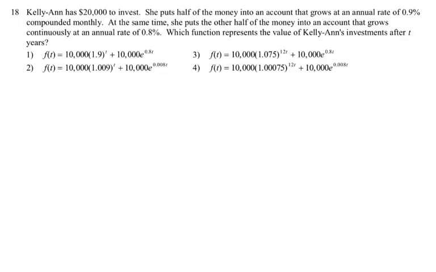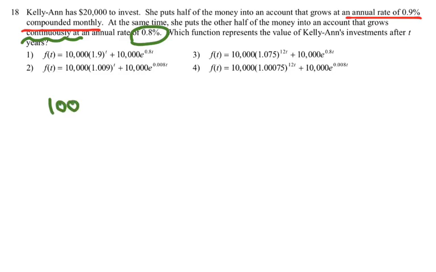Alright, let's look at number 18 here. It says she put half of her money, which is $10,000, into an annual rate of 0.9% compounded monthly. And then the other one continuously.